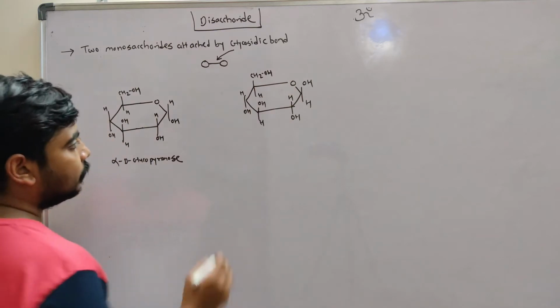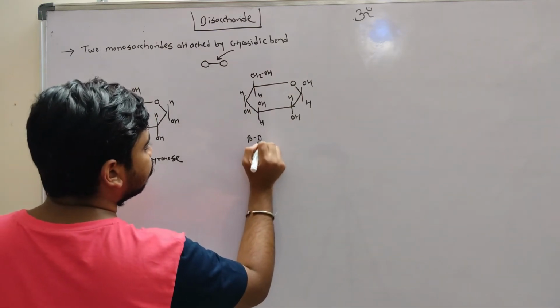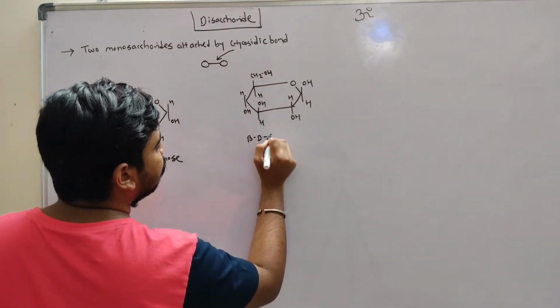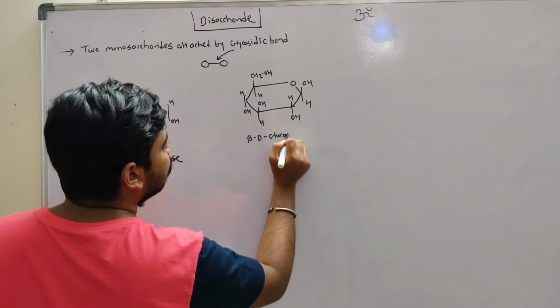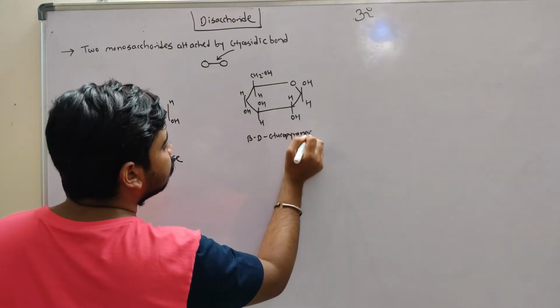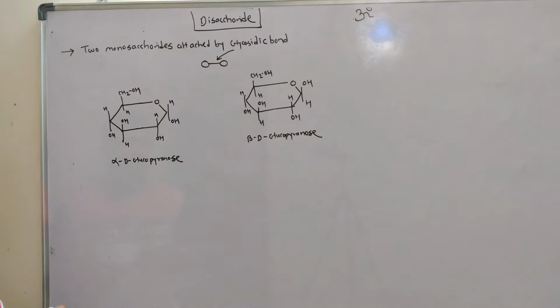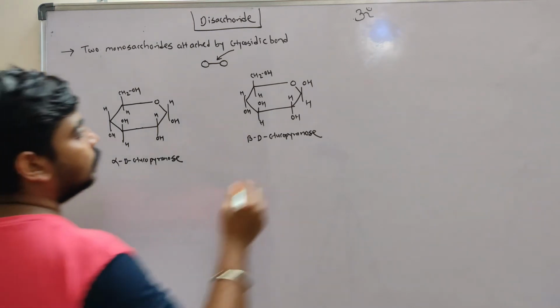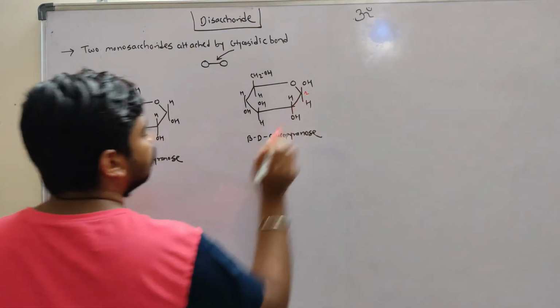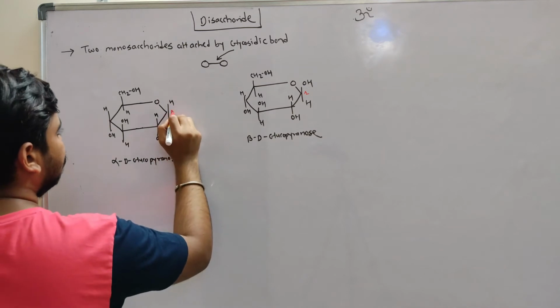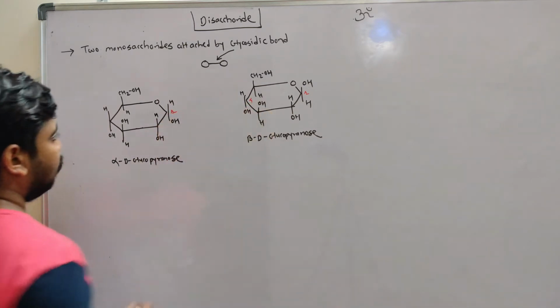Here this is the first carbon, the anomeric carbon. This is the first anomeric carbon, and this is the fourth carbon.